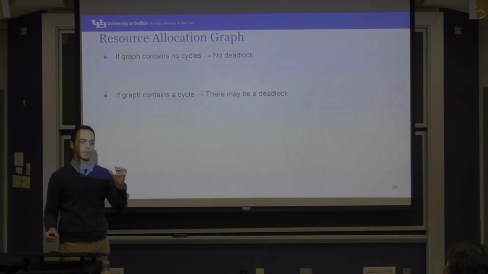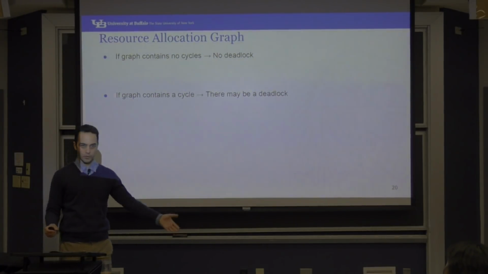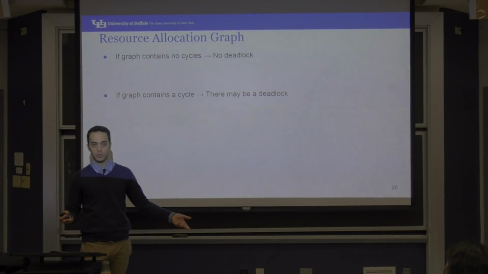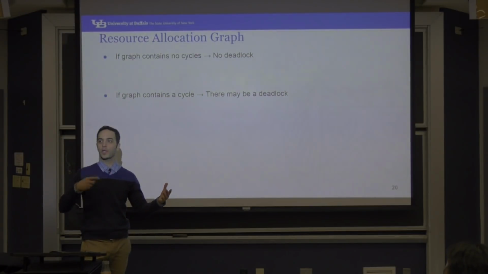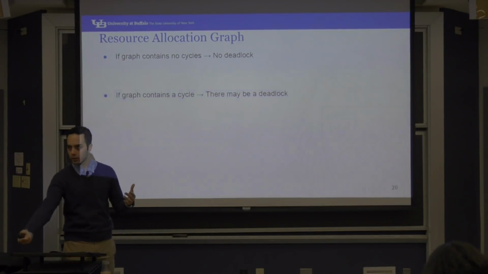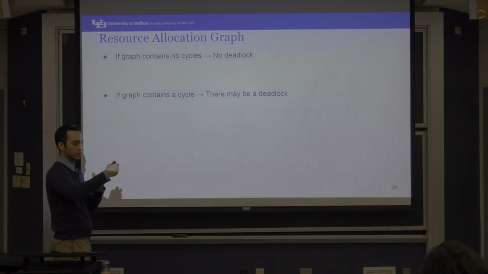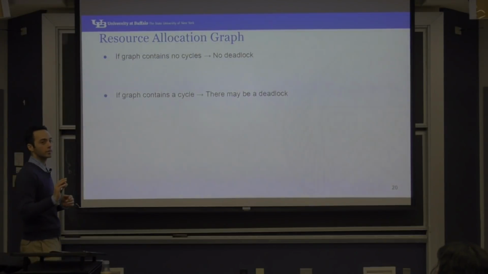So that means an arrow from that resource to another process. And again, if that process is waiting for another resource, if they're progressing, there's no deadlock, right? We talked about a set of processes each waiting for a resource which is held by another. So that is a circular set of arrows between a process, a resource, a process, a resource, and a process, a resource. If there is no cycle, there is no deadlock.